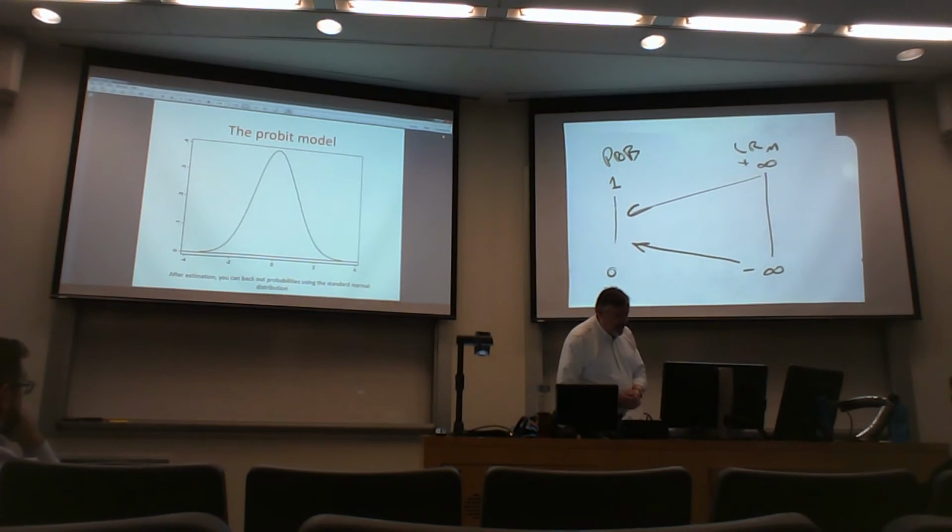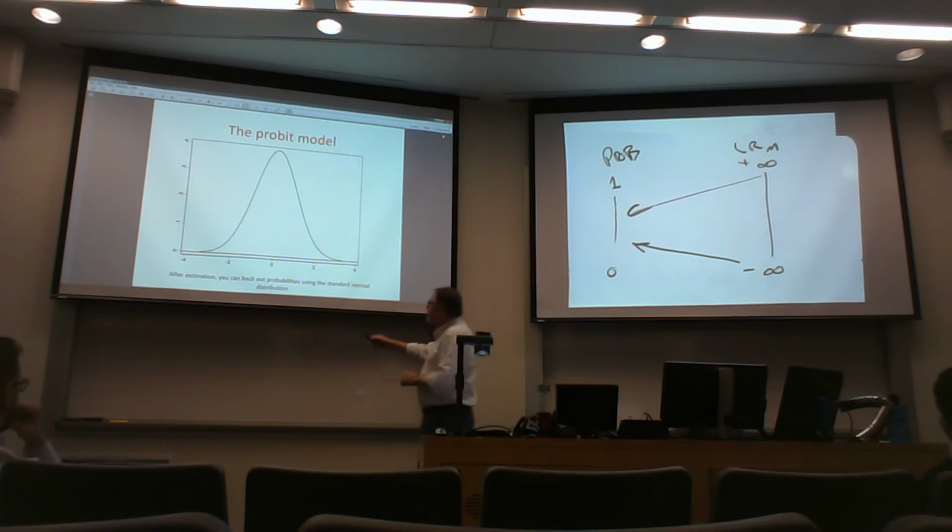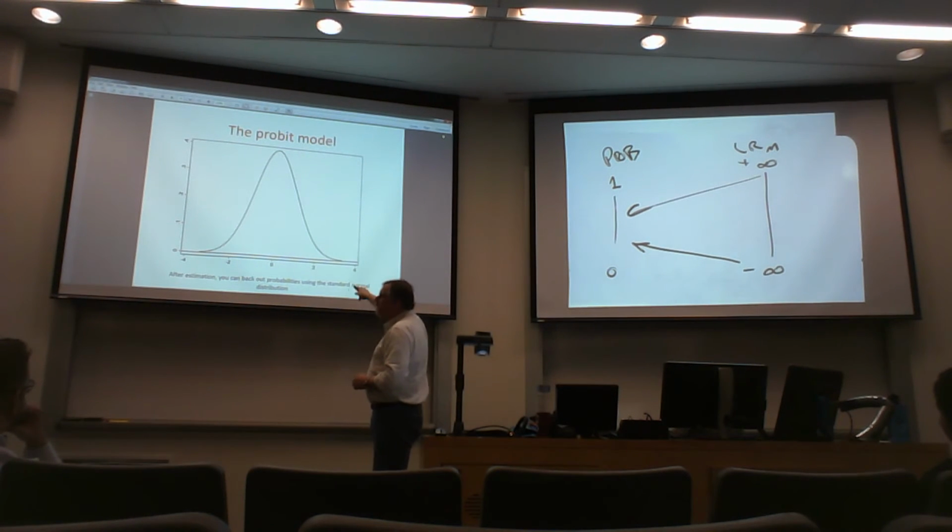Now, for the probit model, how you take the regression result and convert it back into a probability is this. This is the standard normal curve.